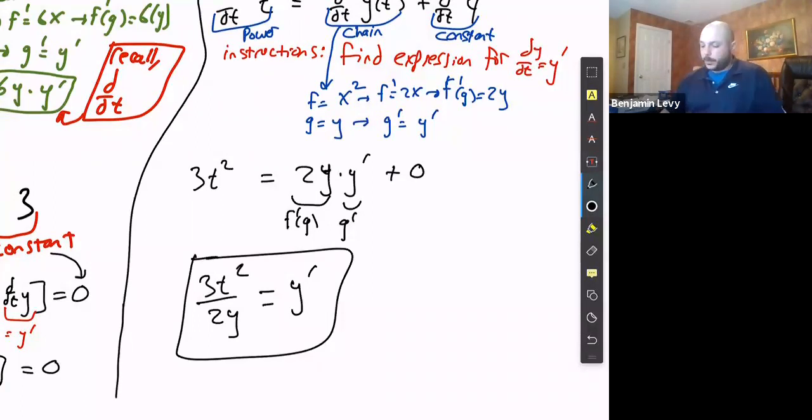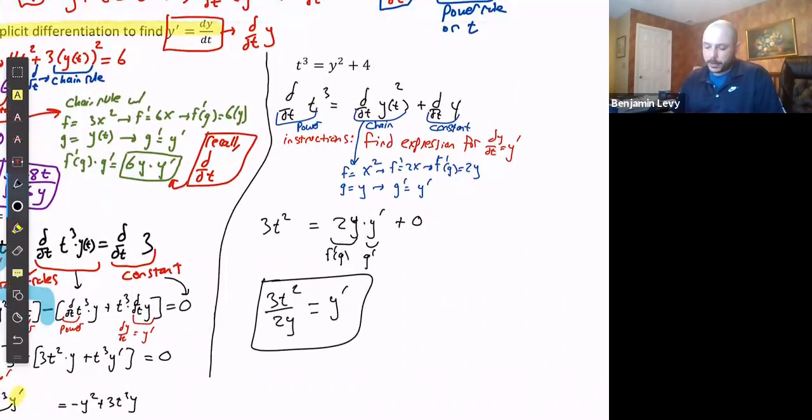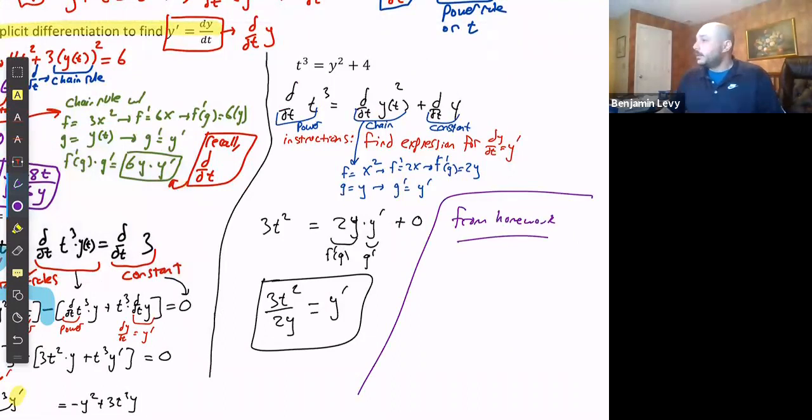So I've got a little bit of room here. And so let me just finish this one off by doing one that looks like the homework. So a couple of the ones in the homework look like this. It might say, let me look at the way that they phrase it.